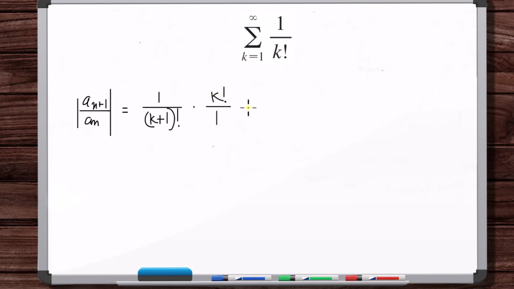So, okay, now we can rewrite this as k plus 1 times k factorial, right?